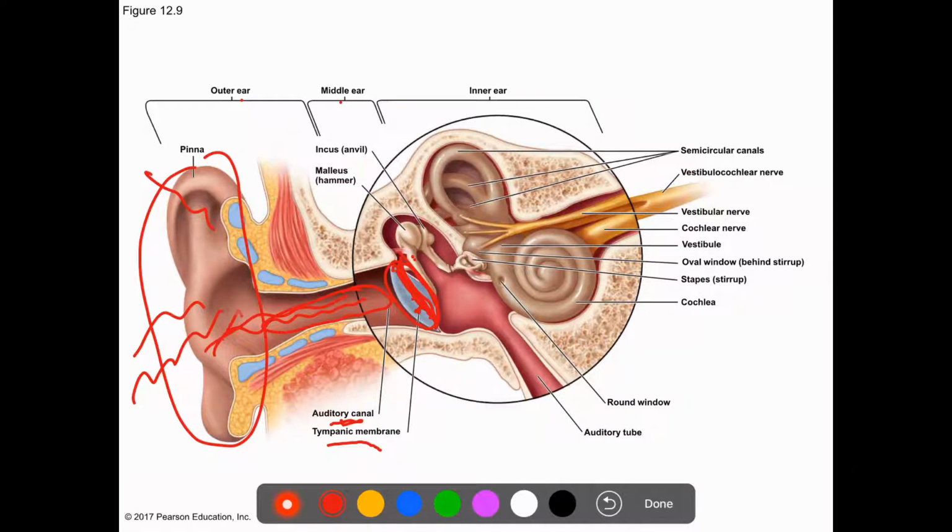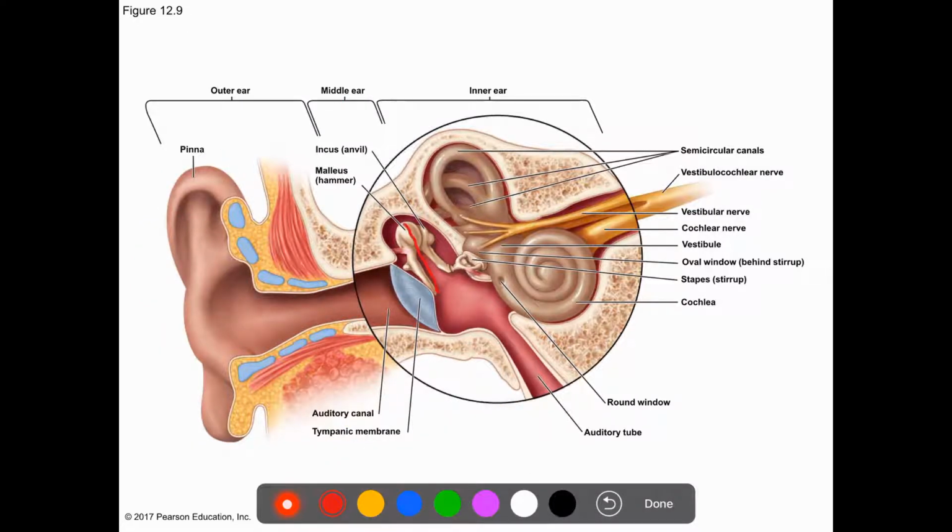So remember, here we have air vibration, sound vibration. The tympanic membrane will convert them into mechanical vibration. These mechanical vibrations will go to the bones, to three little bones. We have the malleus. This is the first one. Actually, I will clean the drawings.